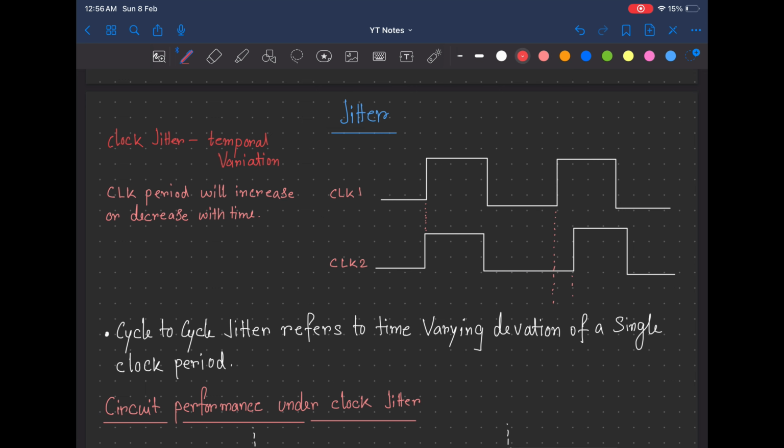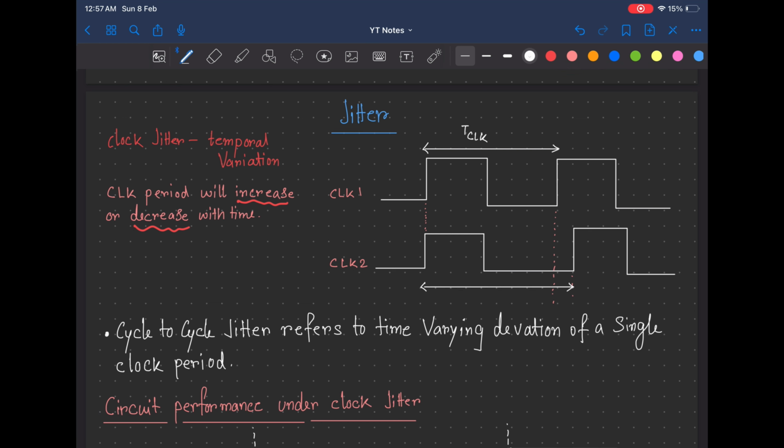So the clock period can increase or decrease. Suppose this is the clock period, you are saying it as T clock.